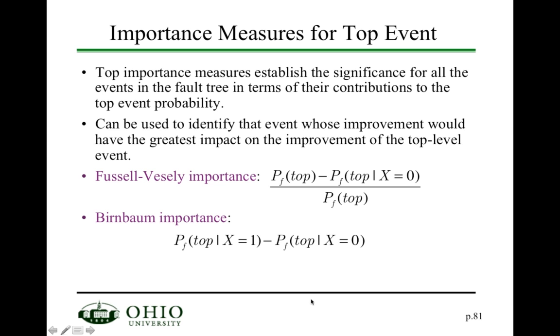You see the Fussell-Vesely importance factor, which looks at the probability of failure of the top level event minus the probability of failure of the top level event if you would fail X, over the probability of the top level event. You see the relative change of the top level event. Of course, the Birnbaum importance really means that you're going to just take the difference between when it works and when it doesn't work.